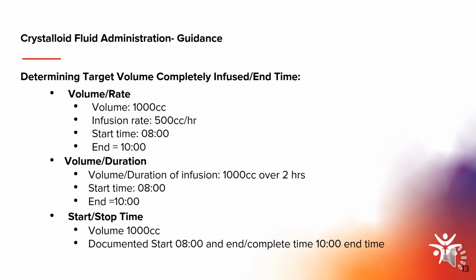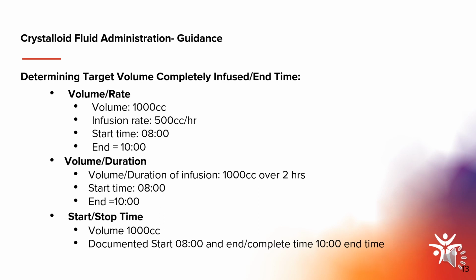The next documentation that we may see is the volume and duration. The volume and duration of infusion is as follows: 1,000 cc's over 2 hours. The start time is 8 o'clock. There is no end time documented, so we need to calculate what the end time would be. In this instance, we have the 1,000 cc's given over 2 hours.